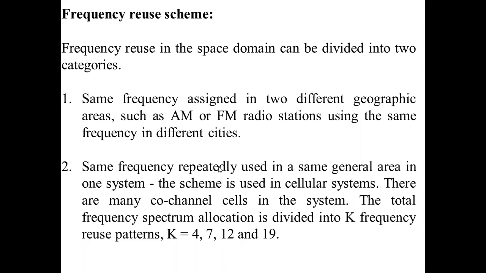Now the second scheme applied in space division is that the same frequency is repeatedly used in the same general area, in one system. And this scheme is used in cellular systems. There are so many co-channel cells, as I have already discussed with you. If you are using the frequency reuse concept, then there will be co-channels.